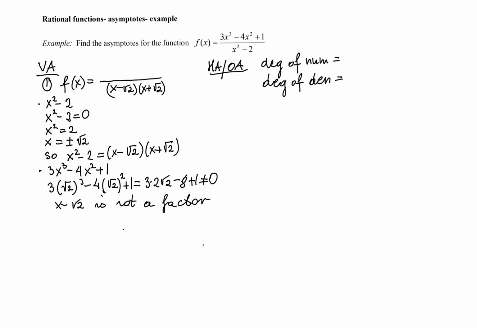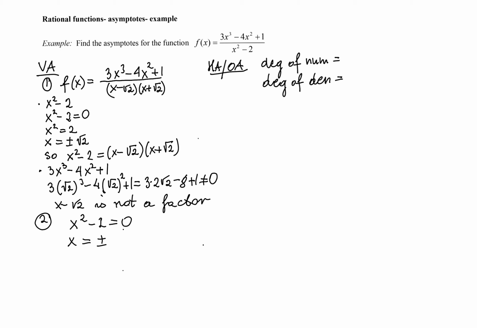In a similar way, we can show that x plus square root of 2 is not a factor of that polynomial. So without factoring, I can say that my function is already in the lowest terms. And therefore, I can go to step 2 of finding the vertical asymptote, which is simply taking the denominator, equating it to 0, and solving for x.